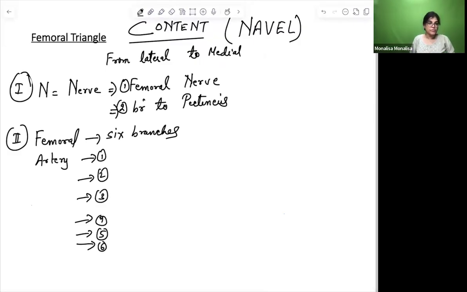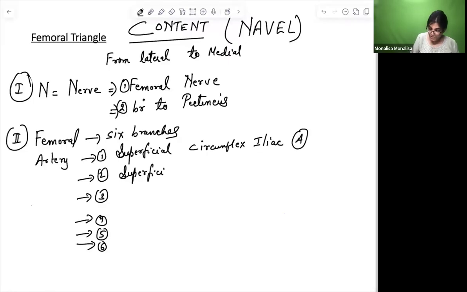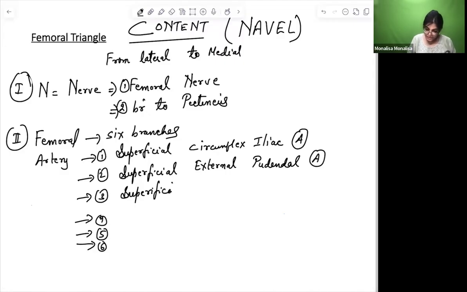Here we have 3 superficial branches: superficial circumflex iliac artery, superficial external pudendal, and superficial epigastric artery.